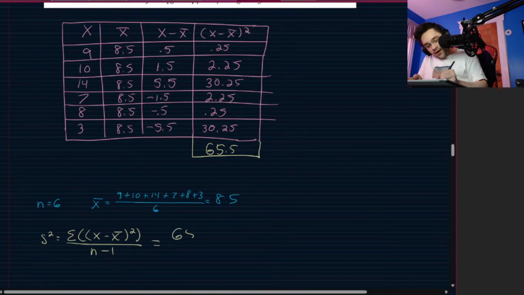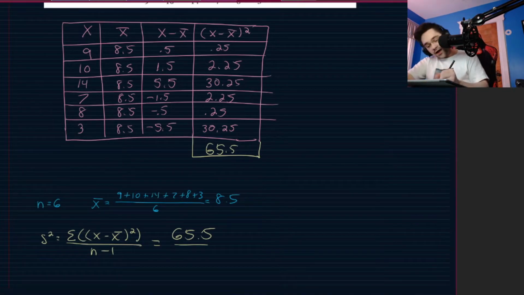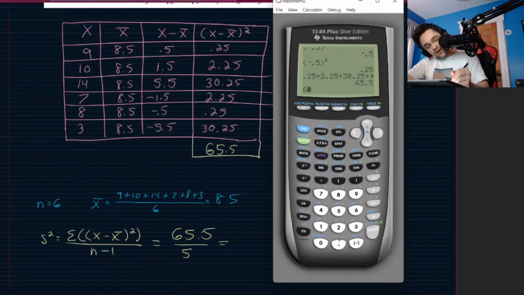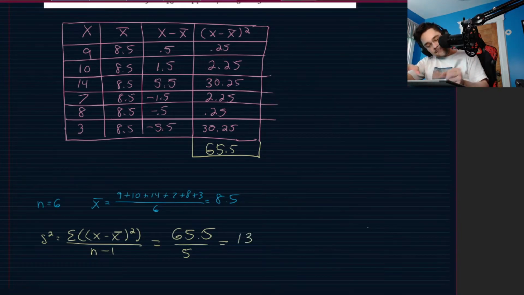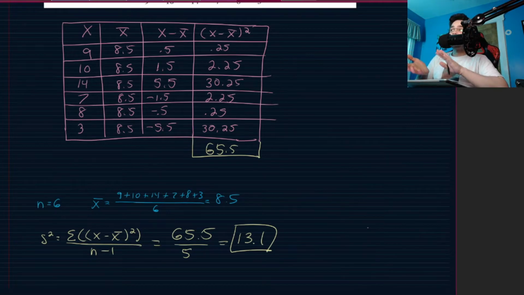It's 65.5 divided by n minus 1. Remember, n here is 6, so n minus 1 is 5. So 65.5 divided by 5 gives us a variance of 13.1. Remember, that's s squared. S squared is 13.1 in this case.